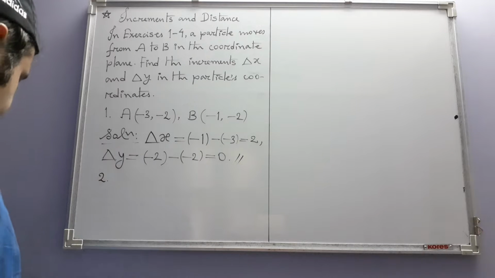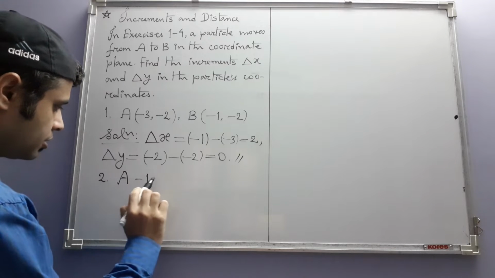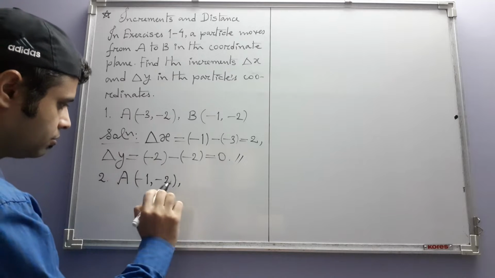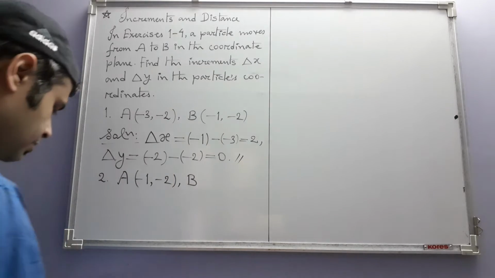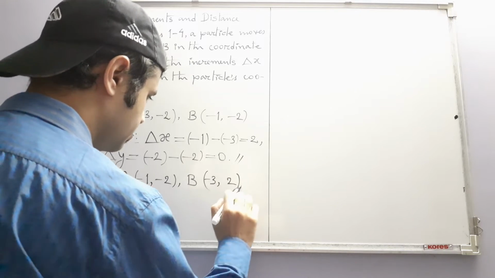Number 2, A has the coordinates -1, -2, and B has the coordinates -3, 2.